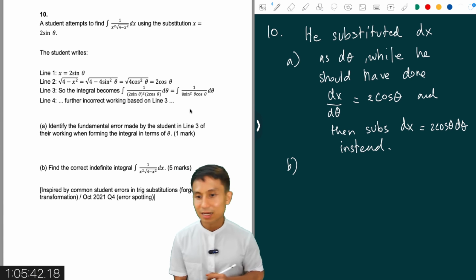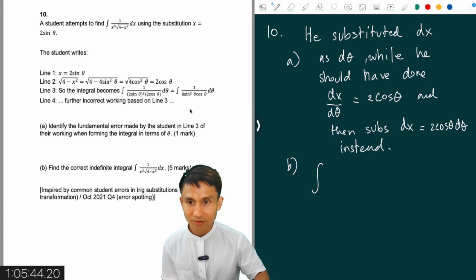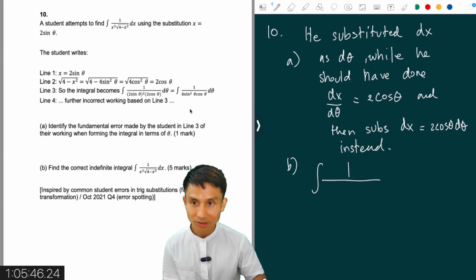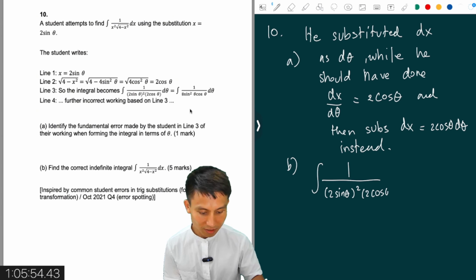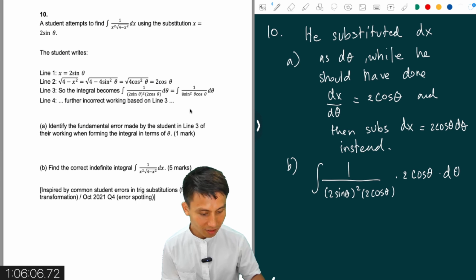Find the correct indefinite integral. Okay, so he did most of the work for us, so we're just going to take that. That is just 2 sine theta squared, 2 cos theta here, and then d theta, as I mentioned in part A, so dx is substituted as 2 cos theta d theta, right?